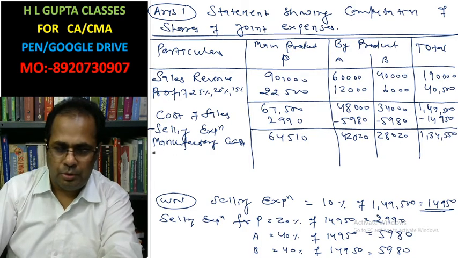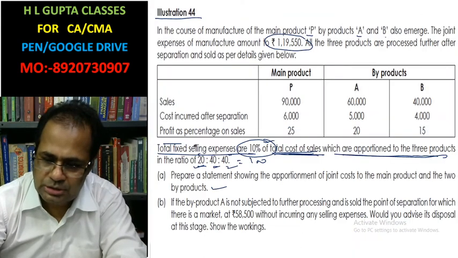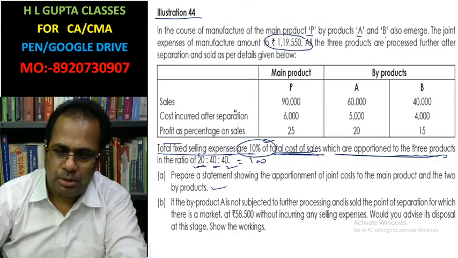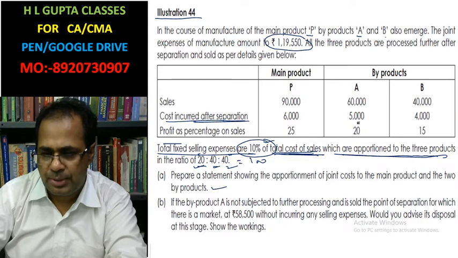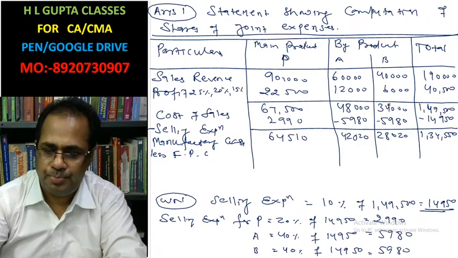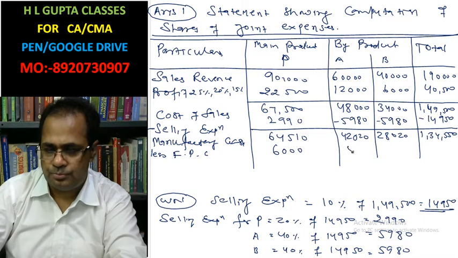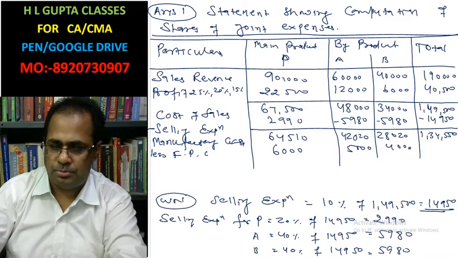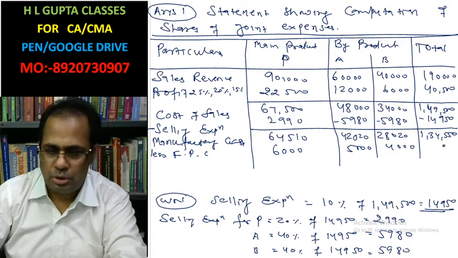Now less further process cost. Further processing cost is given in the question. Cost incurred after further process: 6,000, 5,000, 4,000, total 15,000.